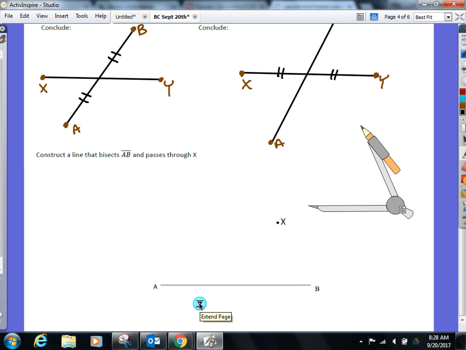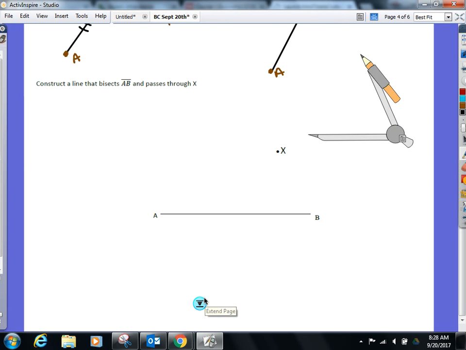Okay, can we construct it now? Construct a line, so put arrows on it, that cuts AB in half, but it's got to go through X. It's got to go through X. Okay. Does it say perpendicular bisector? No, because it wouldn't go through the point I need. It wouldn't go through X. But we're still going to do the same construction right now. All right, so go ahead, find the midpoint, because remember, our bisector will still go through the midpoint of AB.